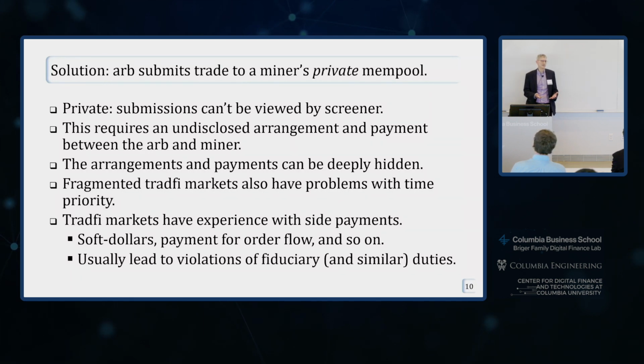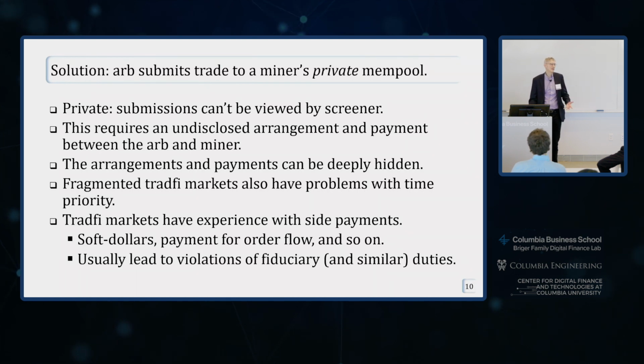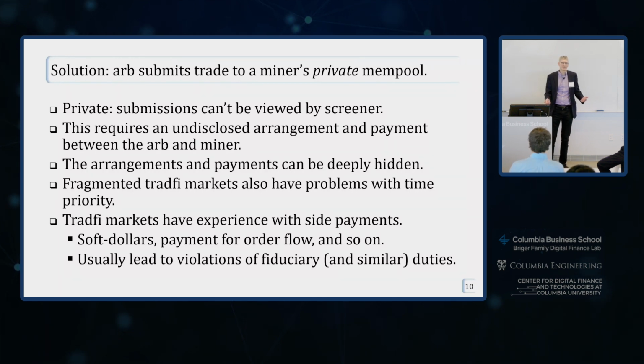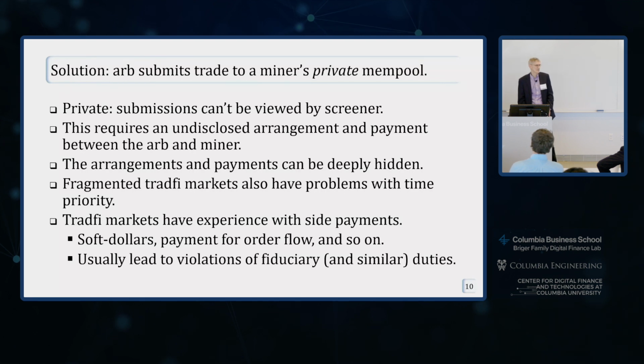Payment for order flow, soft dollars. I started this week by attending a forum on payment for order flow. I attended my first sort of debate panel for payment for order flow around 1993. All right, this is a perennial problem with these side payments. They're not a solution.